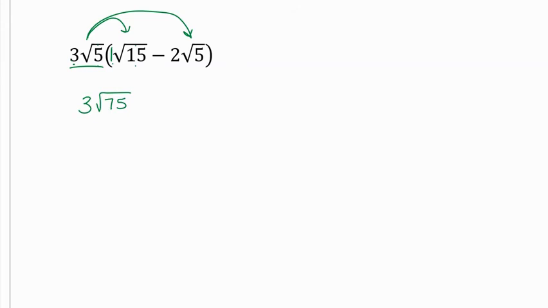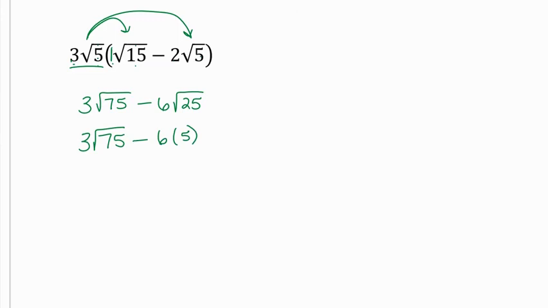And then I'm going to distribute to the other one. So 3 times negative 2 gives us a negative 6. And radical 5 times radical 5 gives us radical 25, right? And then right away I notice, hey, radical 25, that's a perfect square. So now I've got 3 radical 75 minus 6 times just 5, right?